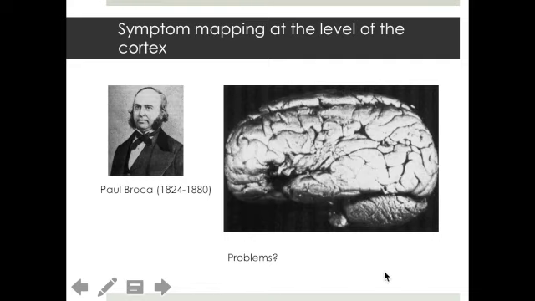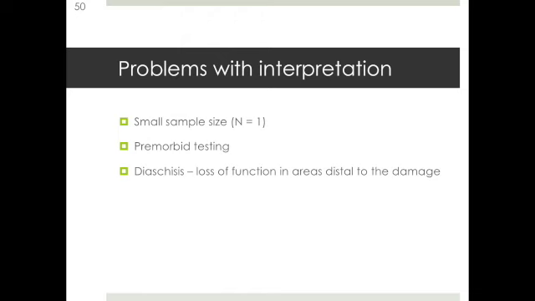It might be that there's another abnormality somewhere else in the brain that you're not seeing, but that leads to damage in this specific part of the brain, right? So it's hard to conclude based on a sample size of 1 that just because there are co-occurring impairments in cortical structure and behavioral symptom, those two are causally linked. So that's what diaschisis is.